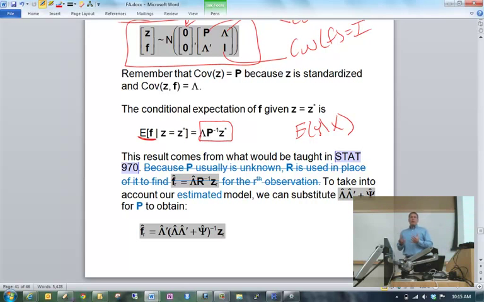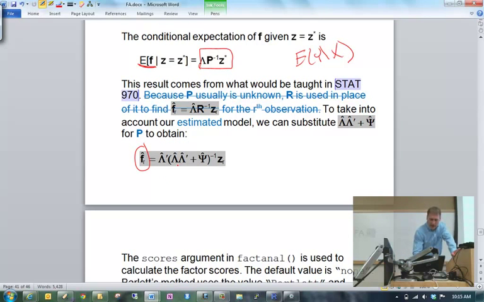Using this expression, what we have here is what we would expect F to be if I have a particular set of standardized values. That seems like a reasonable thing to use to come up with an estimate for F. So what I would call F hat for the rth observation is, well, here's my gamma hat.